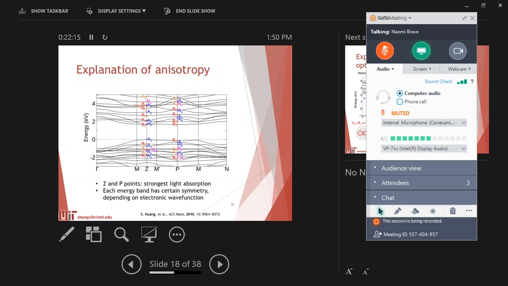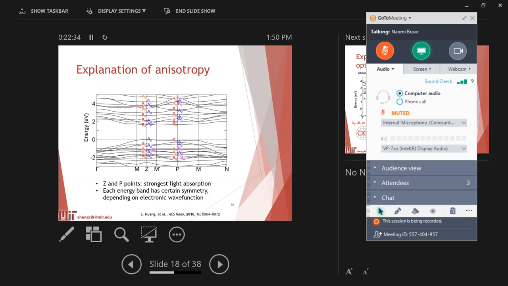So with this, I would like to explain the optical transition selection rule, and this can explain why we observe the optical absorption anisotropy and the intricate Raman anisotropy. So first, let's look at the band structure of gallium telluride.